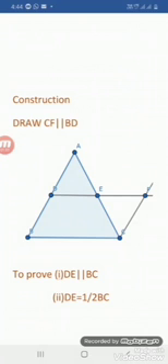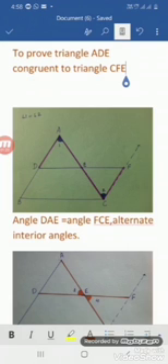The opposite sides are equal and they are also parallel. So we could say that the quadrilateral BCFD is a parallelogram. So in order to prove quadrilateral BCFD a parallelogram, first we are going to prove that triangle ADE is congruent to triangle CFE.